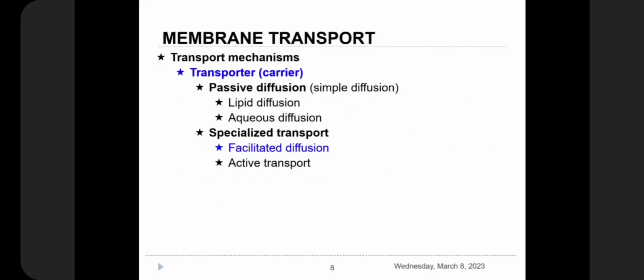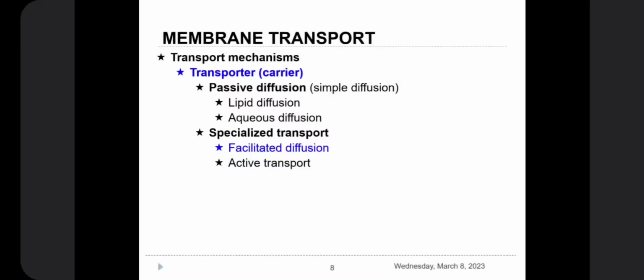First, according to the transporter, we can divide membrane transport into two major categories. First one, passive diffusion, and the next one, specialized transport. Passive diffusion, sometimes called simple diffusion, does not rely on a carrier.